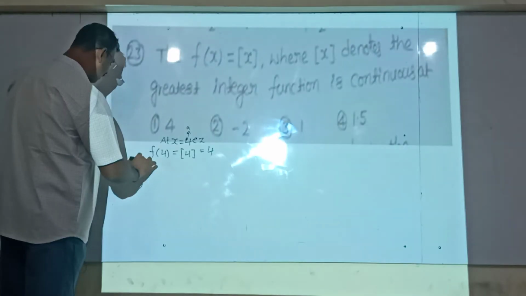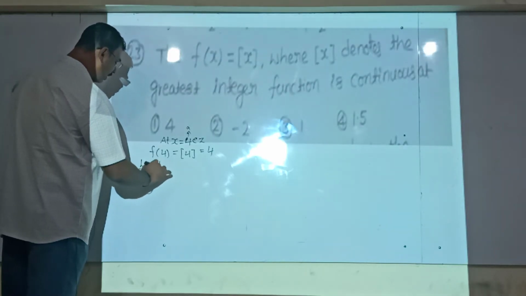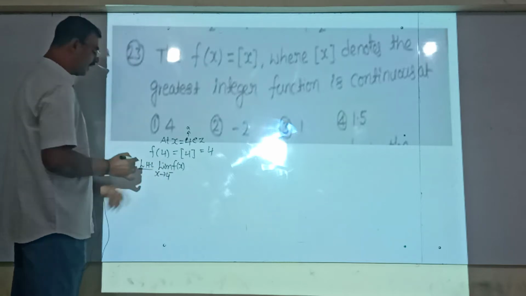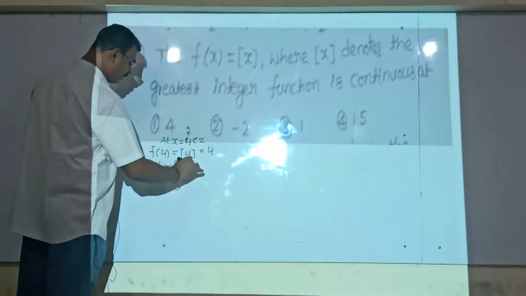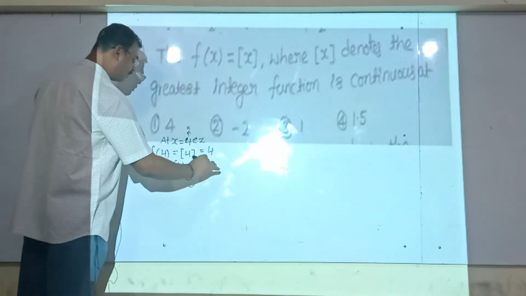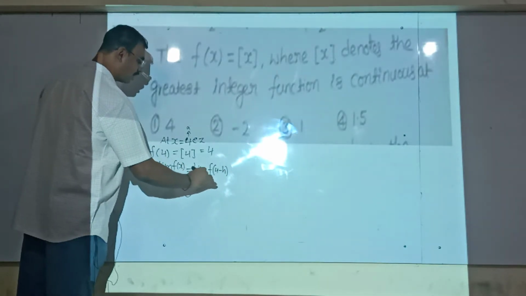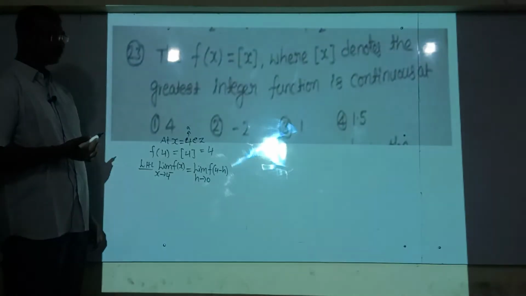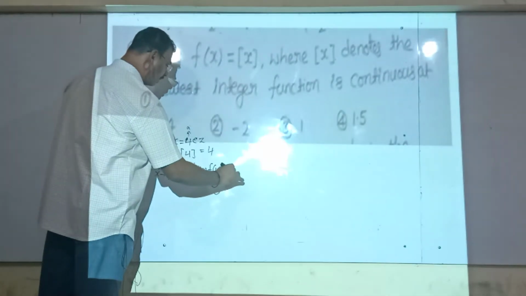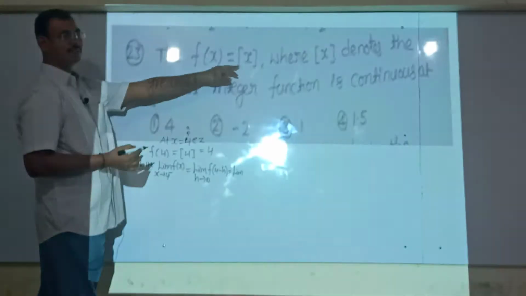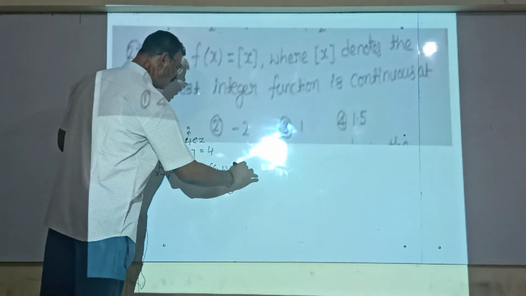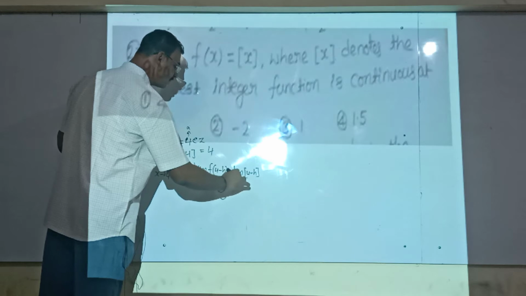Now I am taking the left hand limit. Limit of f of x as x approaches 4 minus, a minus like this, is equal to limit of f of (4 minus h) as h tends to 0, which is the limit of the greatest integer of (4 minus h) as h tends to 0. h is a small quantity, it lies between 0 and 1, a very small quantity.